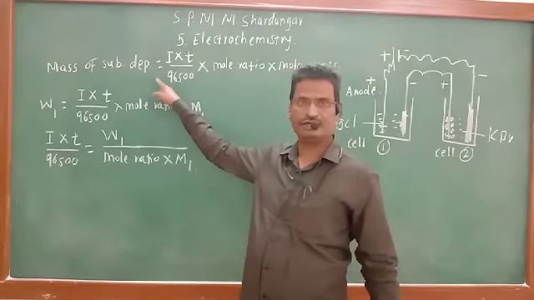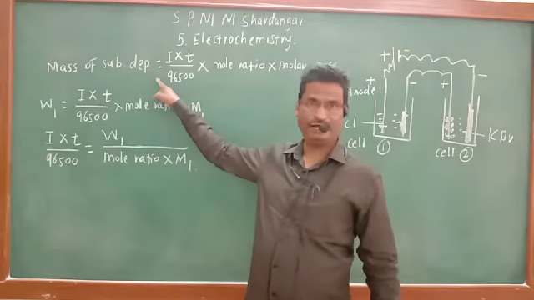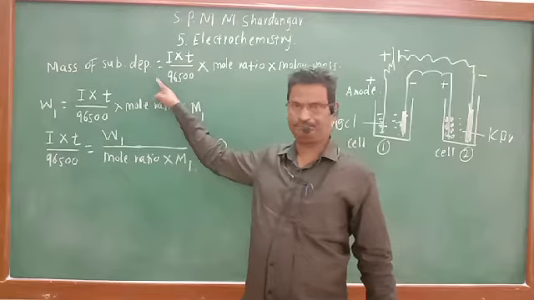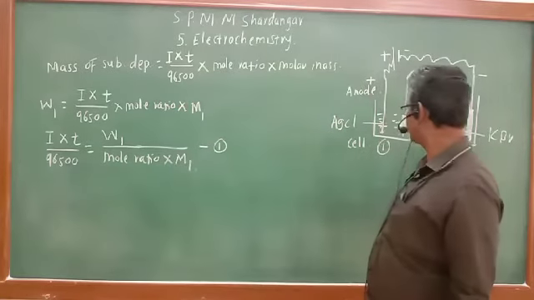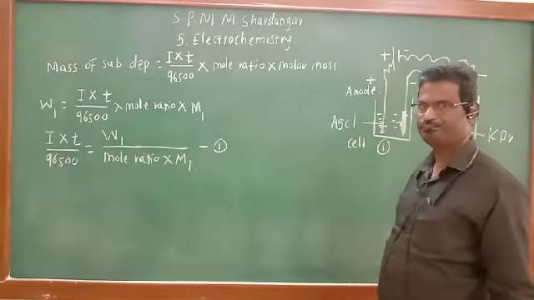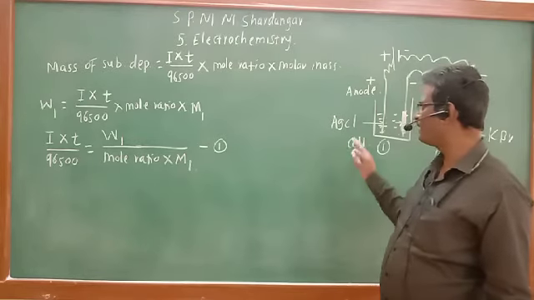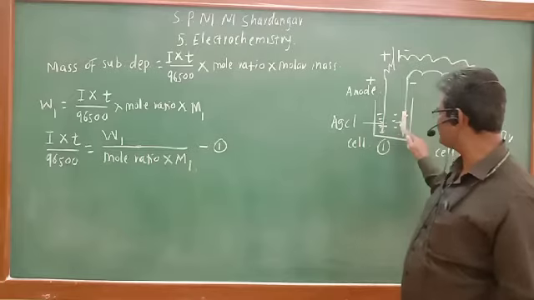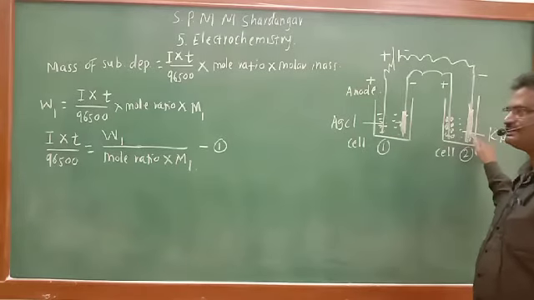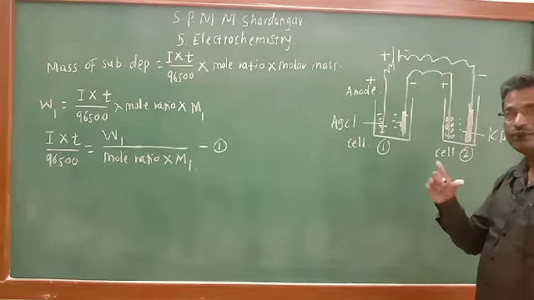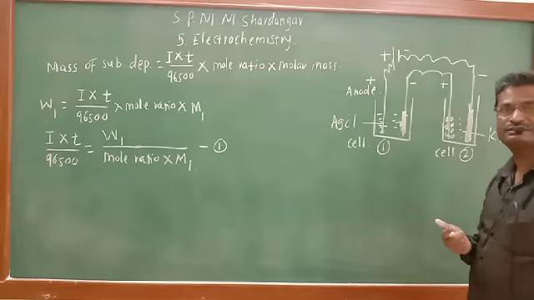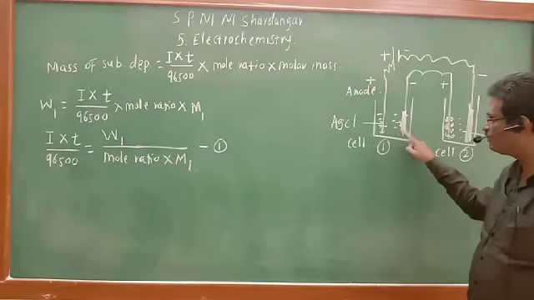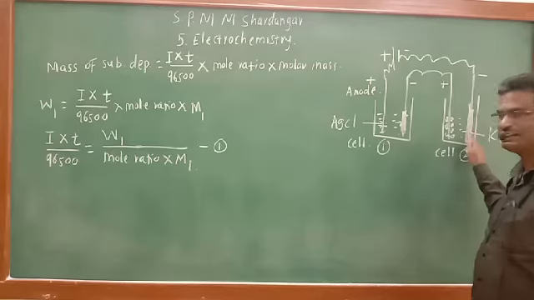This equation we have studied whenever one electrolyte solution is electrolyzed. Here two electrolyte solutions are electrolyzed. So, as two electrolyte solutions are electrolyzed, here silver is deposited and here potassium is deposited. How to calculate the simultaneous masses? If we know the silver, we can calculate potassium.